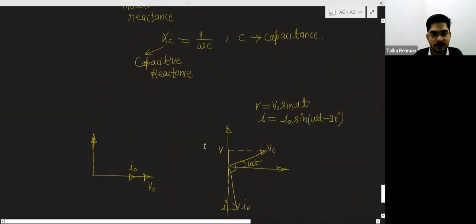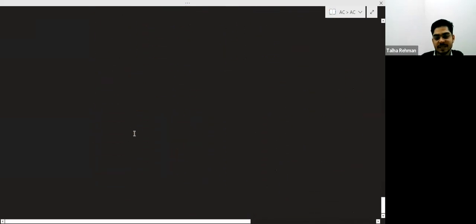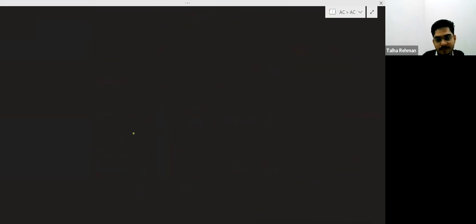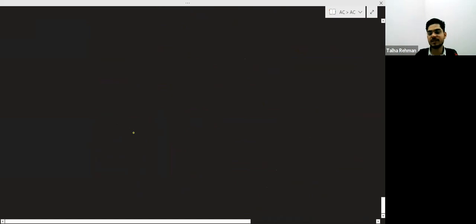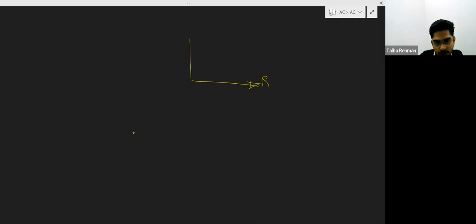And if we draw the phasor diagram for the series LCR circuit in terms of resistance and reactance, resistance is like this, this will be XL, inductive reactance, and this is XC, capacitive reactance.